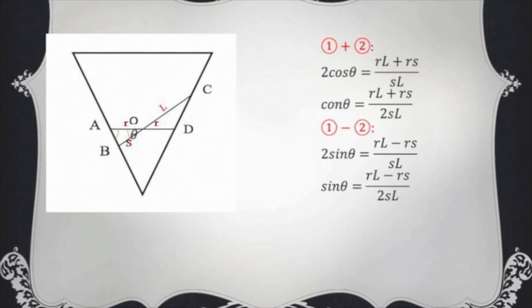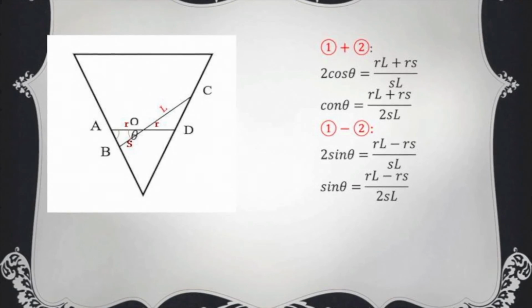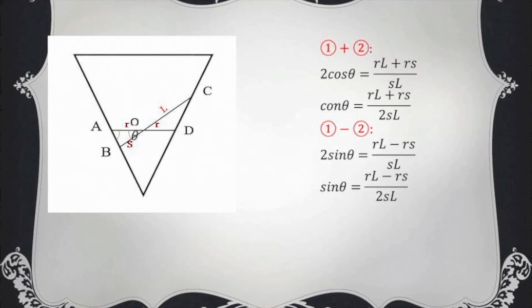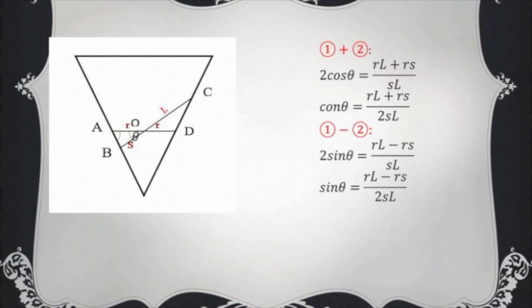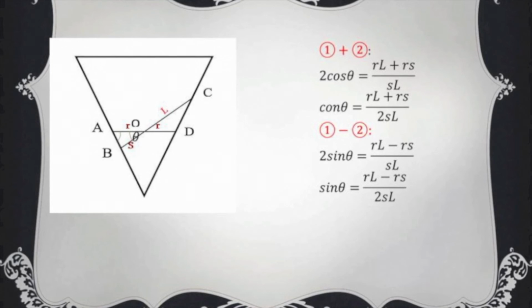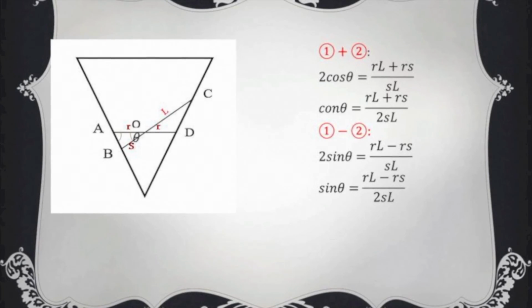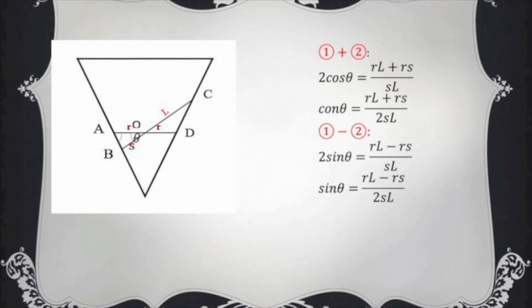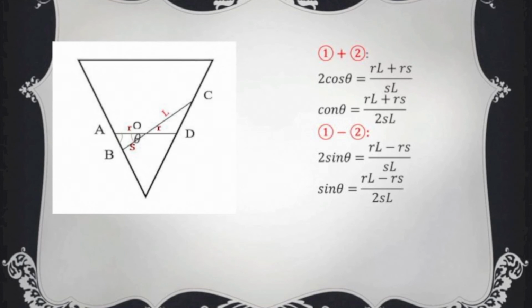And if the first equation minus the second equation, it will become 2 sine theta equals (RL minus RS) over SL. And if we divide it by 2, it will become sine theta equals (RL minus RS) over 2SL.